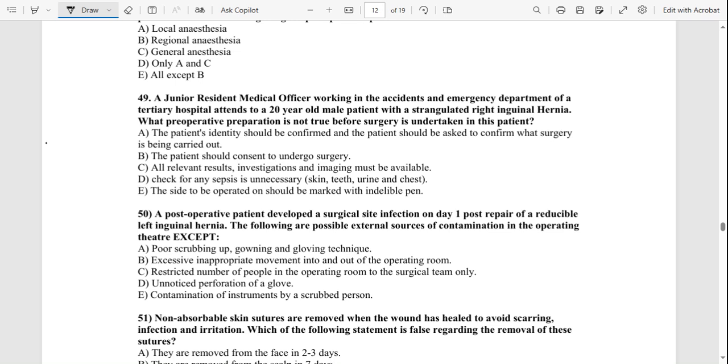a postoperative patient developed a surgical site infection on day one post repair of a reducible left inguinal hernia.